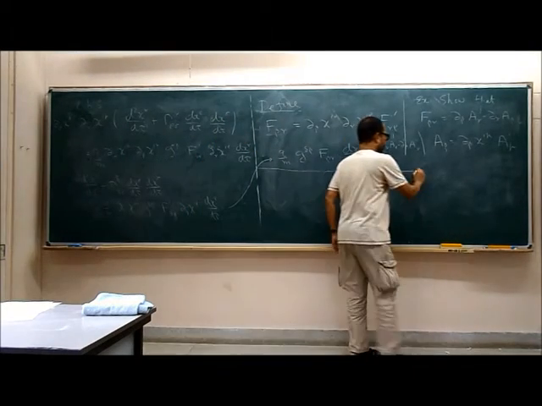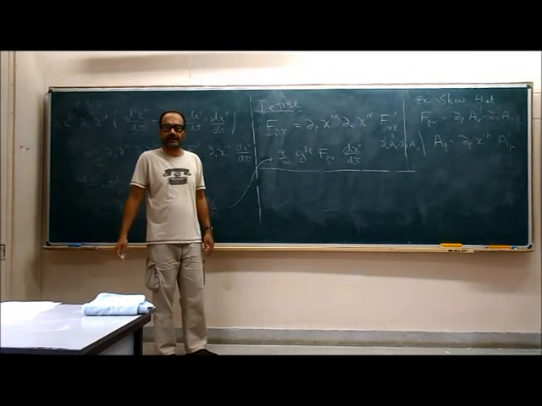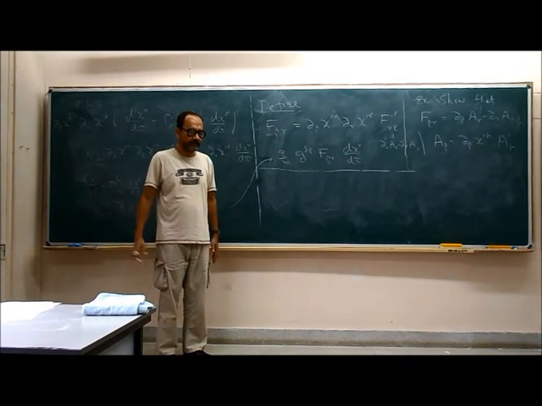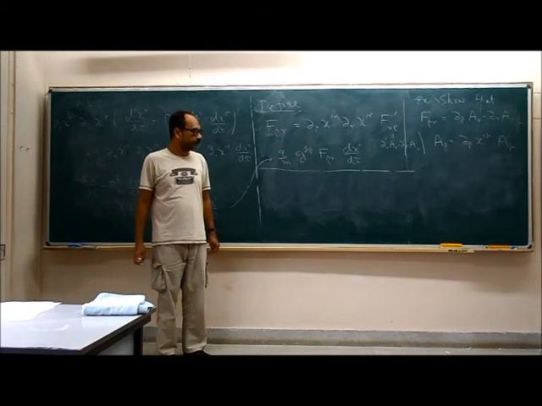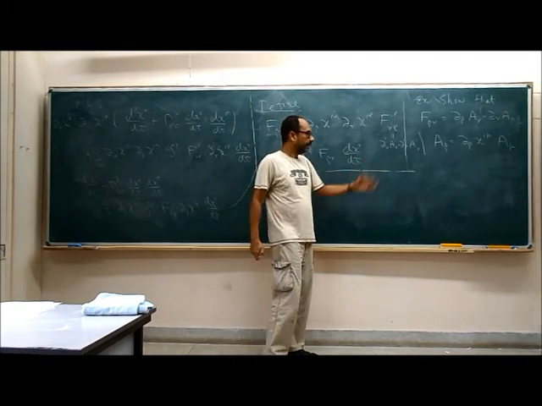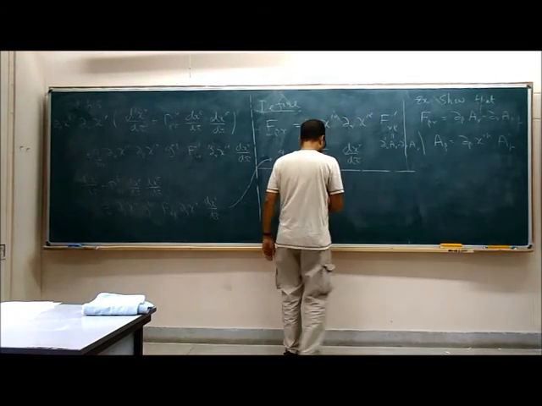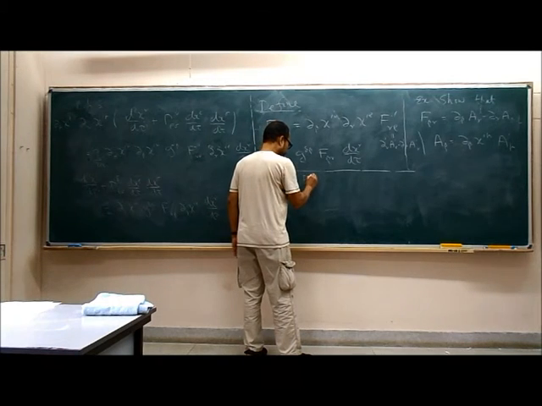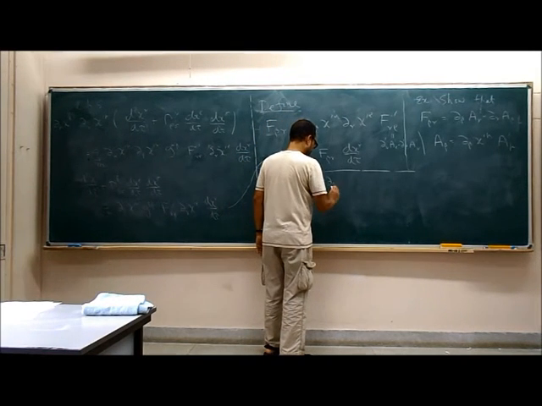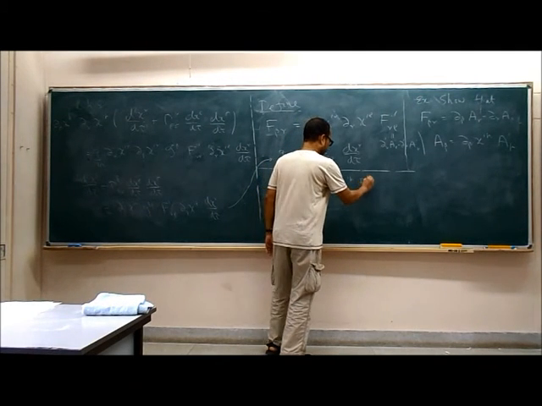Now suppose you use a different coordinate system, not x but x double prime, which is also a general coordinate system, has no special property, but is different from x. Then you can do exactly the same game and arrive at the conclusion that the corresponding A double prime beta will be given by del x prime nu over del x double prime beta times A prime nu.